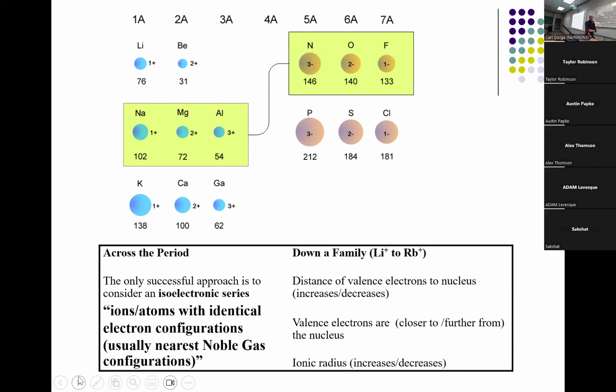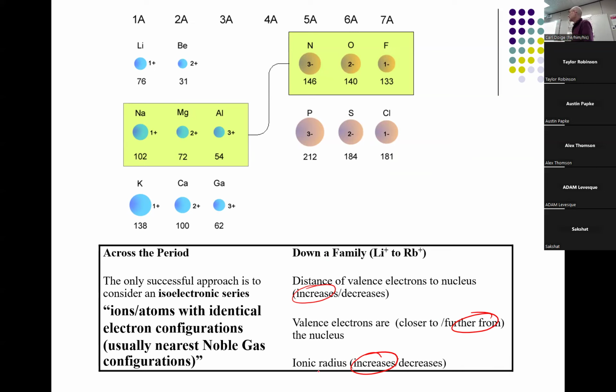The valence electrons are further from the nucleus, so the ionic radius increases. That's easy. Just like with the atom, down the periodic table, the ions get larger.